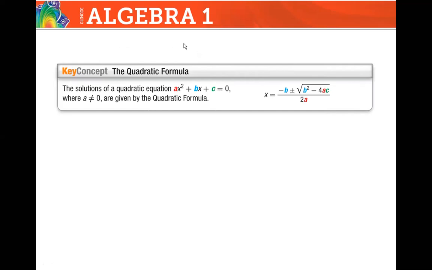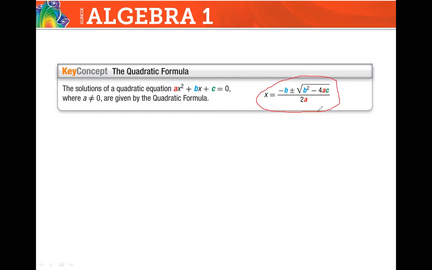The rule says that the solution of a quadratic equation, with the general form ax squared plus bx plus c equals 0, where a is not equal to 0, it means x squared has a value, we can use this formula to solve it. It seems like a difficult formula, but it's very easy.